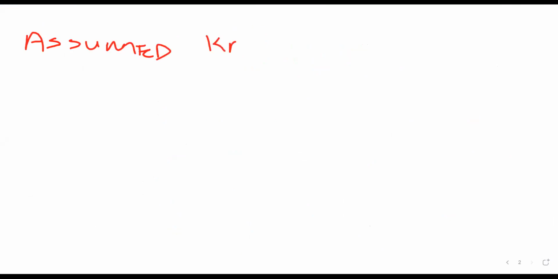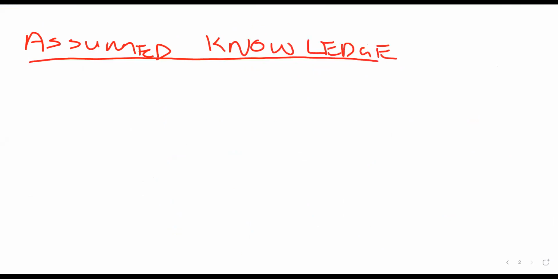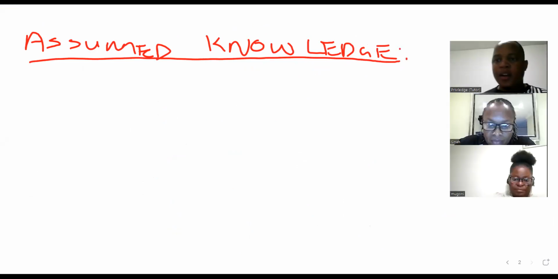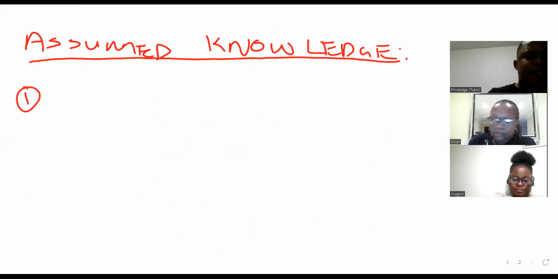So that is our assumed knowledge, right? Let's have a look at the assumed knowledge of what we need to know from this cycle. Number one, obviously, you need to have an understanding of the characteristics of the cycle.